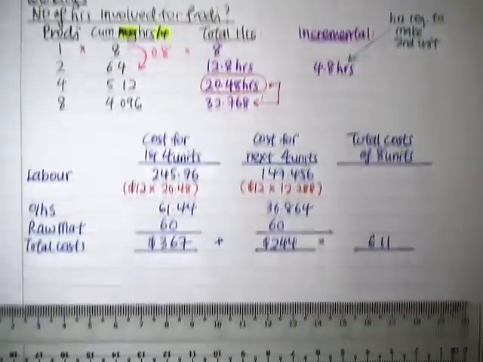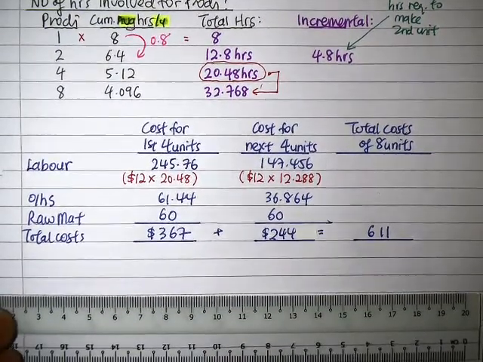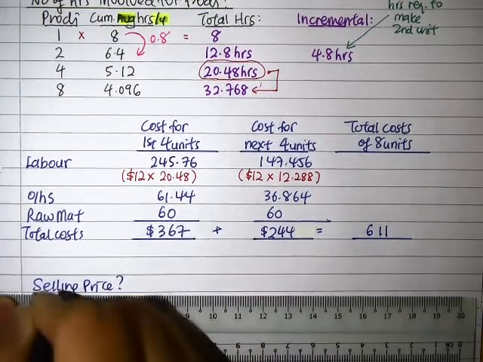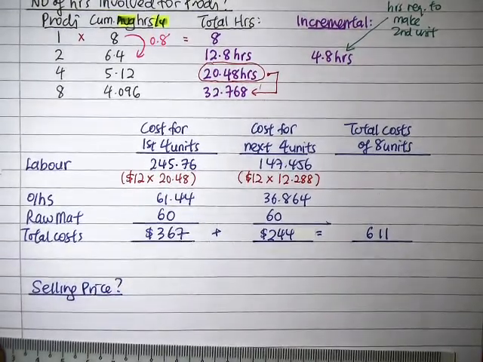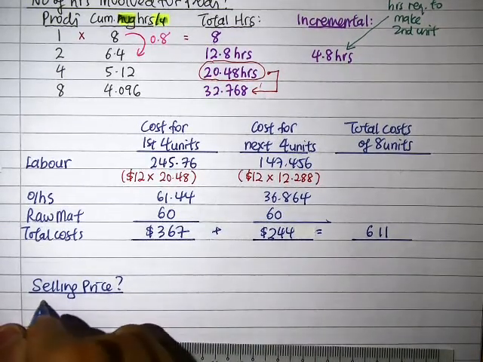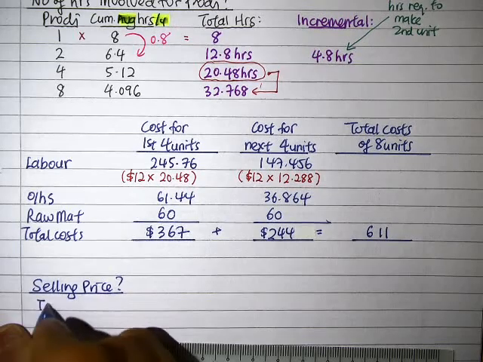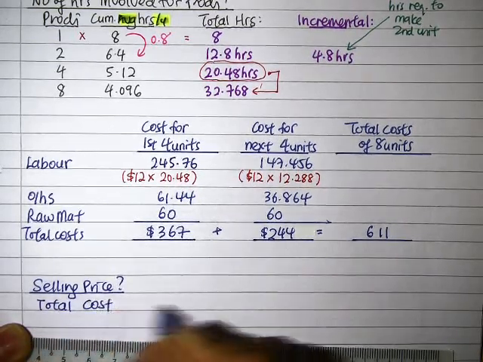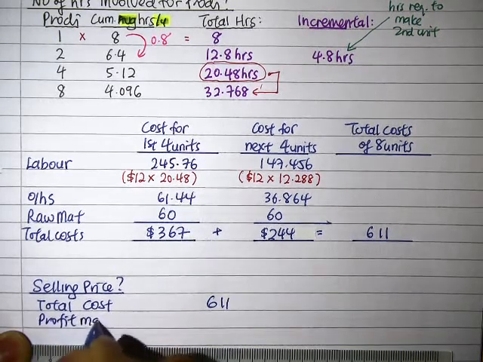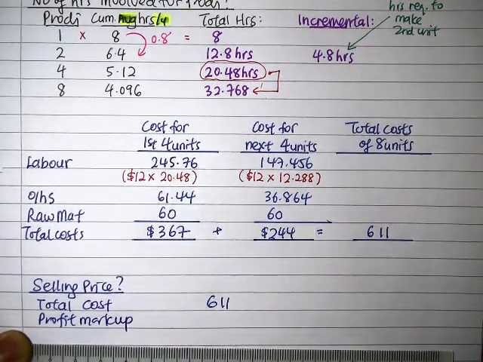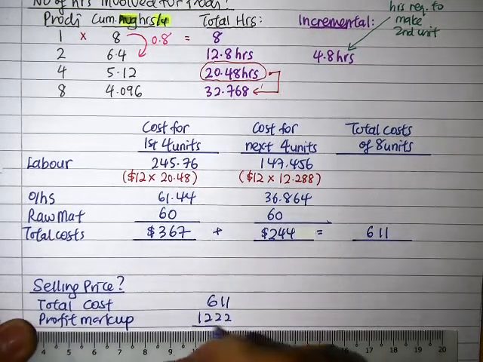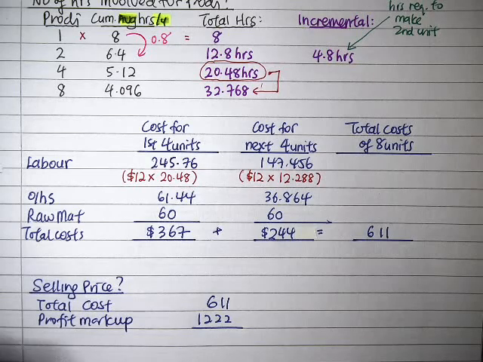Alright, so this is what we need for the calculation. So how much price are you going to quote? So the selling price. Now you're going to take a 200% profit markup, which means the selling price will be your total cost of 611, your profit markup is 200%, so it's 1,222.